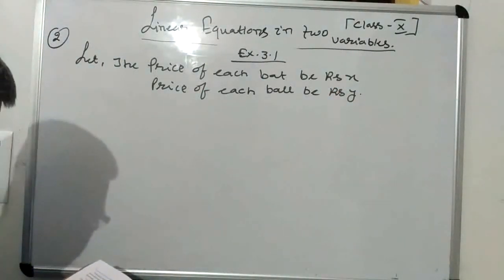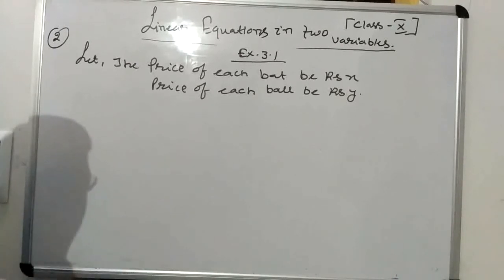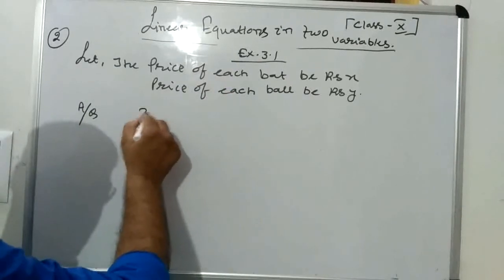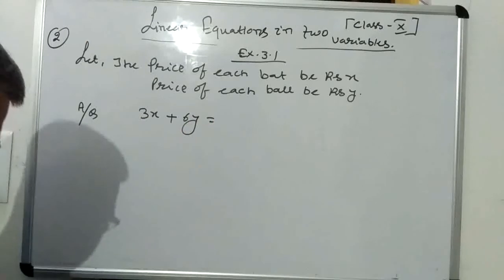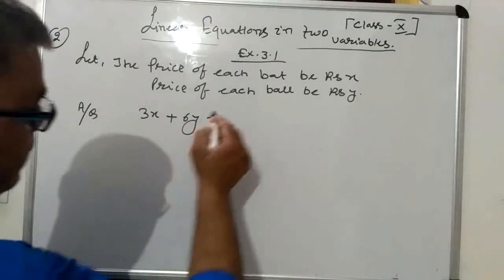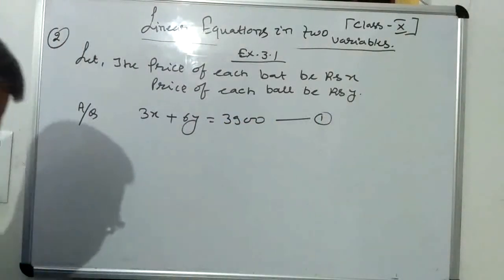According to the question, 3 bats and 6 balls together cost 3900. This is your equation 1.